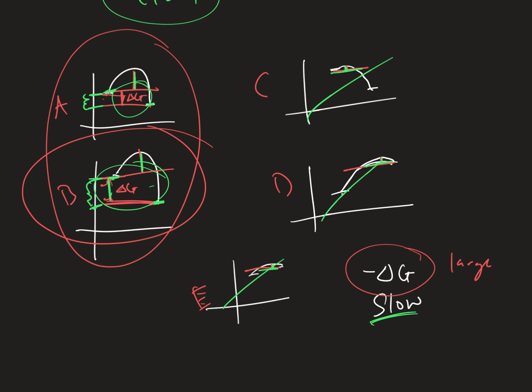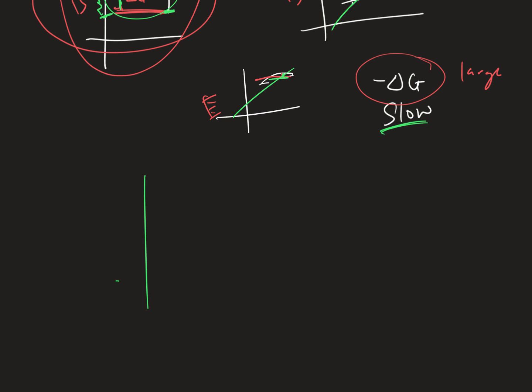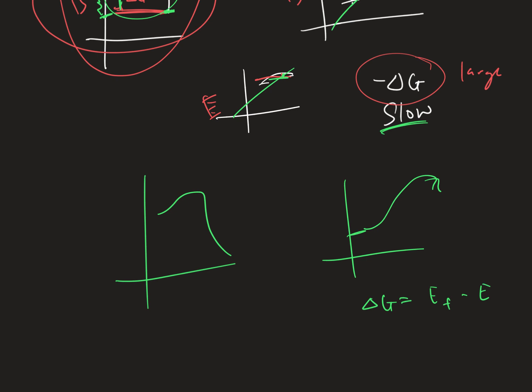Delta G is negative when it looks like this. Delta G is positive when it looks like this. Because delta G is final energy minus initial energy.